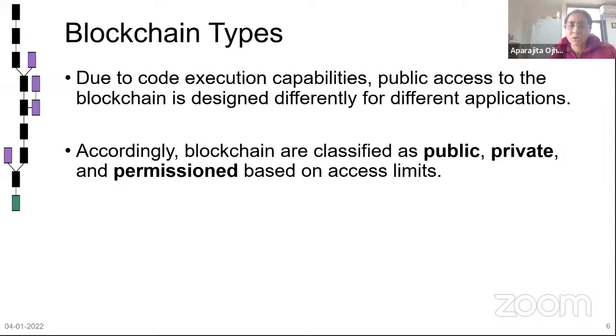So accordingly, blockchains are classified. What kind of applications? Suppose it is attendance, so it will be only a private kind. For this course, I'm maintaining the attendance, certificate issuance, and checking whether the quiz tests have been properly defined. So that will be a private blockchain, right?